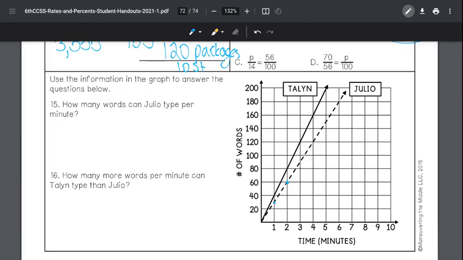So I figure out he can type 60 total words in 2 minutes. So if I want to know in 1 minute how many words he can type, cross multiply and divide, you figure out 30 words per minute.